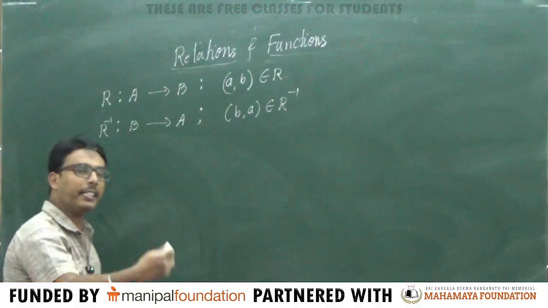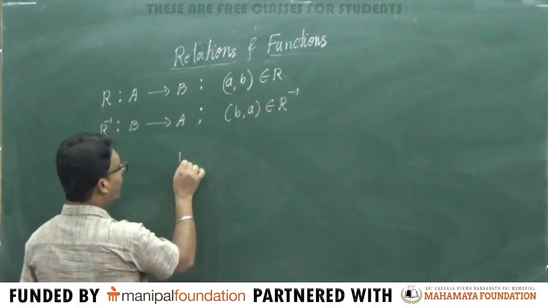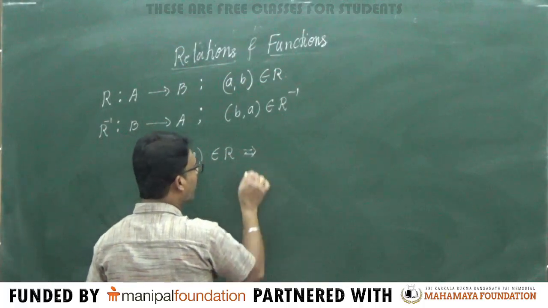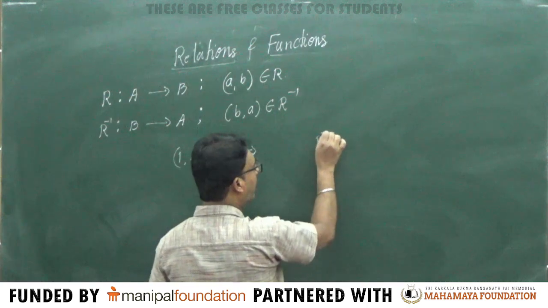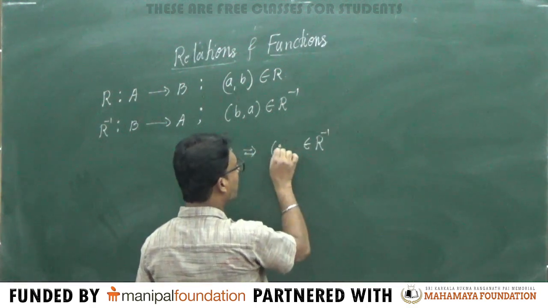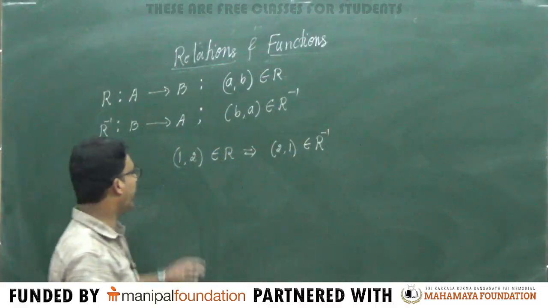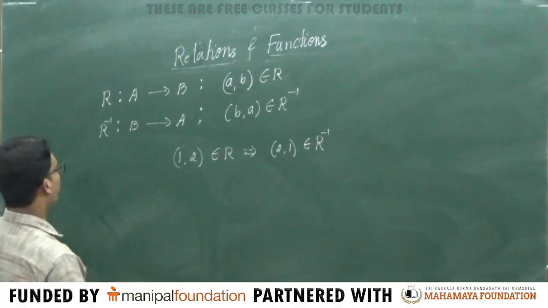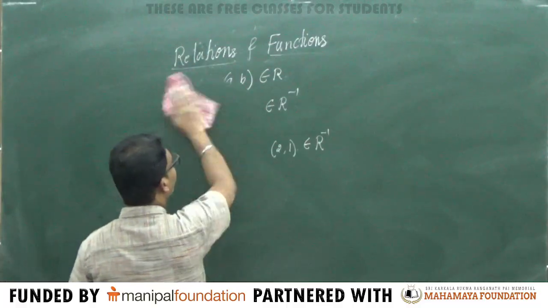Means in any problem, if (1, 2) is an element present in the relation R, then the element present in R inverse is (2, 1). Just interchange the first and the second element. So next concept is function.